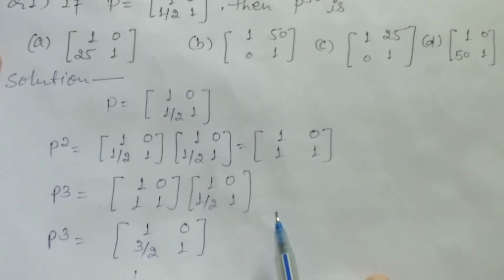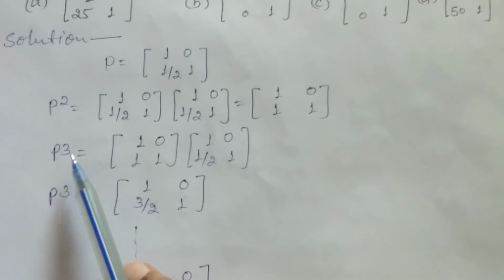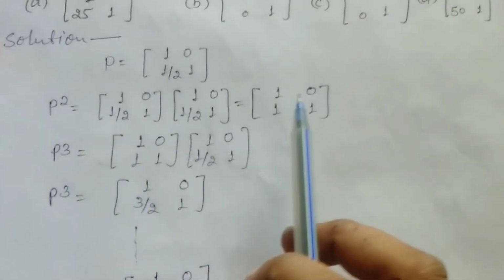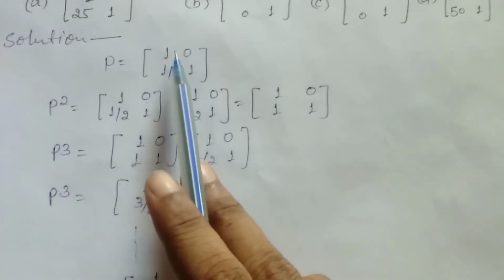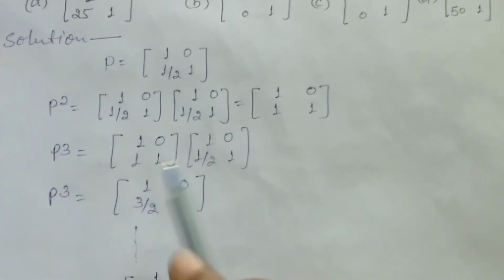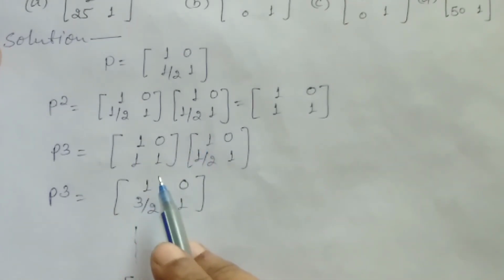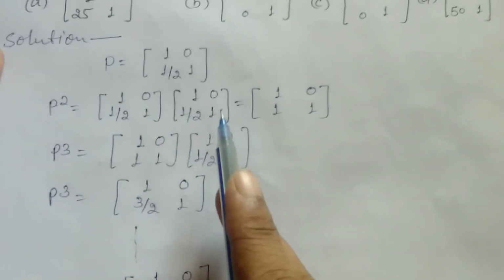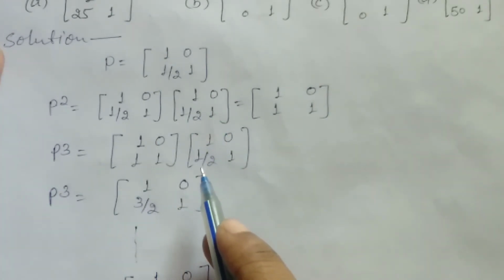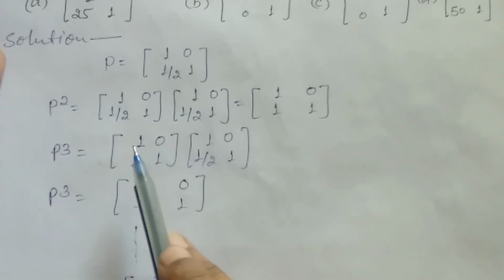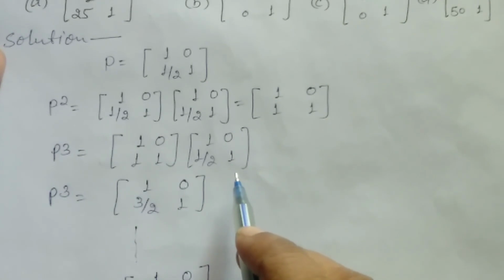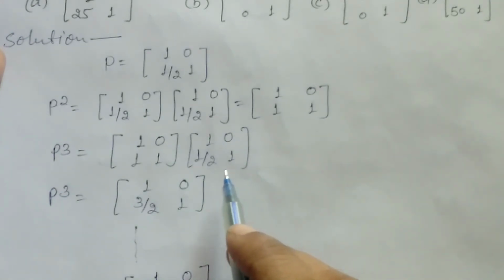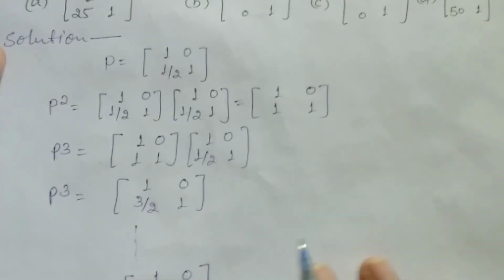Finally we find the value of P raised to power 3 is equal to this matrix, which is P square into P, where the value of P is [[1,0],[1/2,1]]. For P raised to power 3, the first row is multiplied by the first column of the second matrix, corresponding elements. Similarly the first row multiplied by the second column, corresponding elements, and the answer will be this.